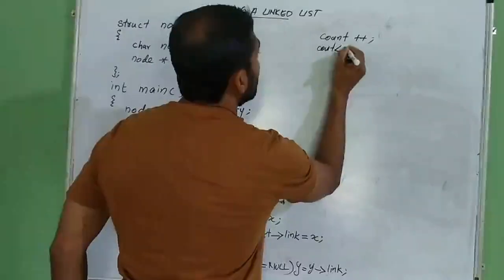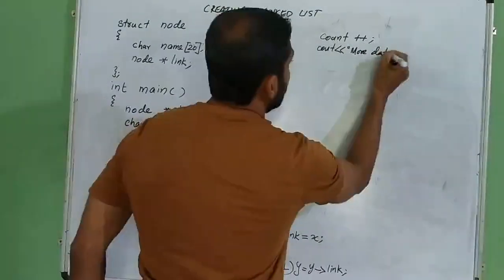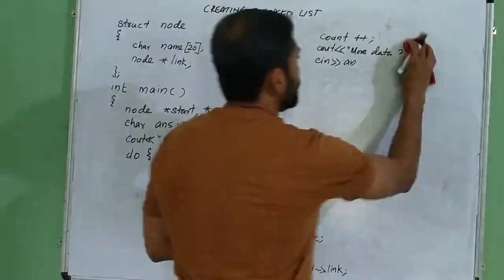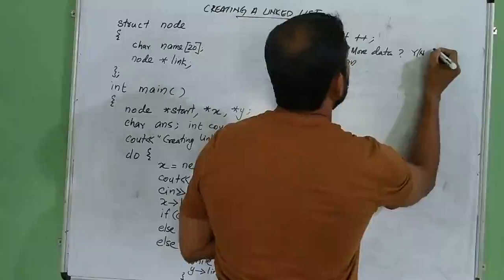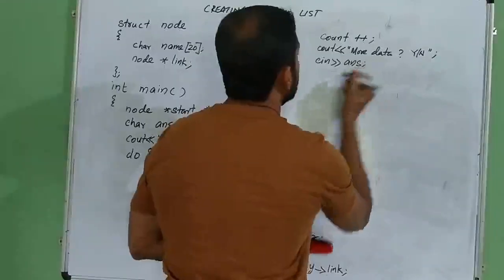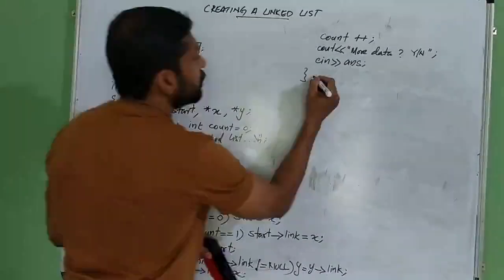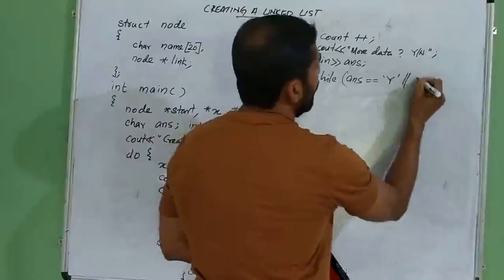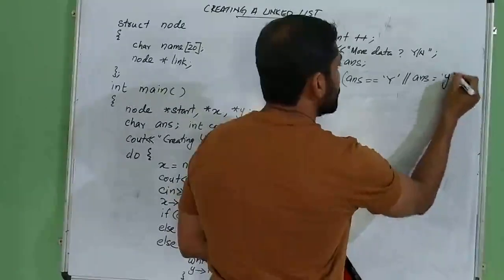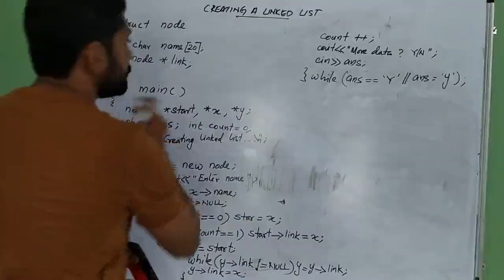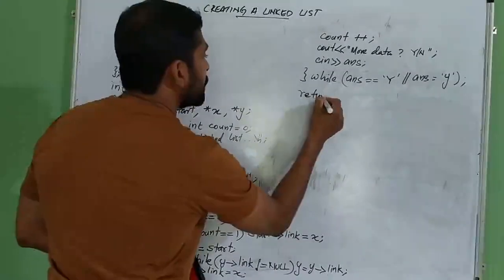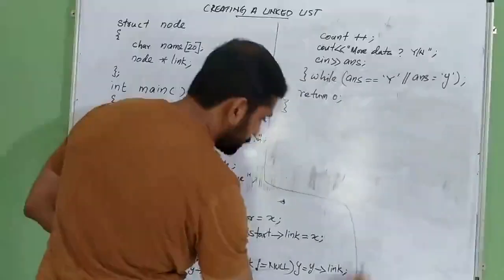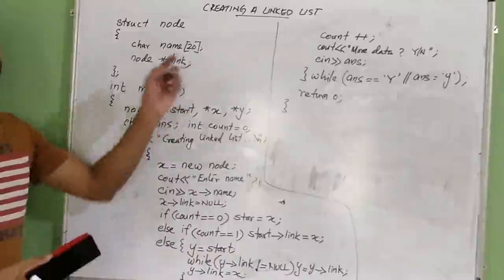Cout more data, a question will be asked, cin ans, so the user can input yes or no. And this do is ending here, do while ans equal to capital Y or ans equal to small y, and return 0, that ends here. So this is the code for creating a linked list.